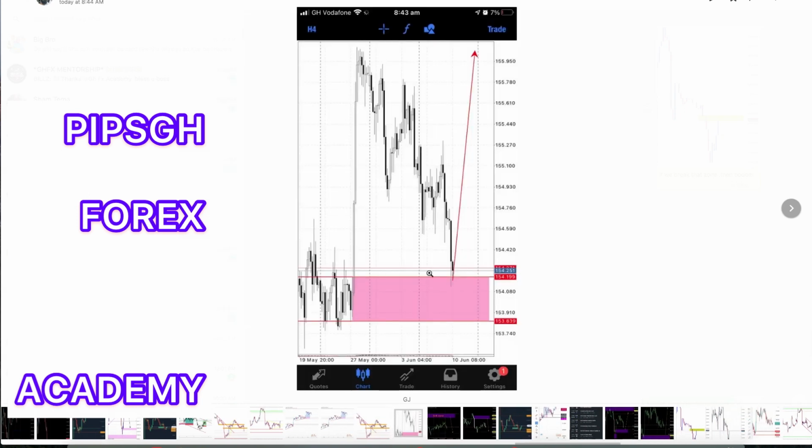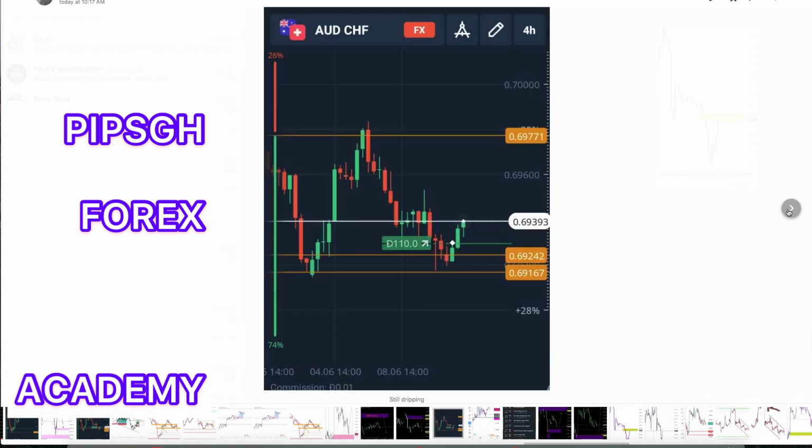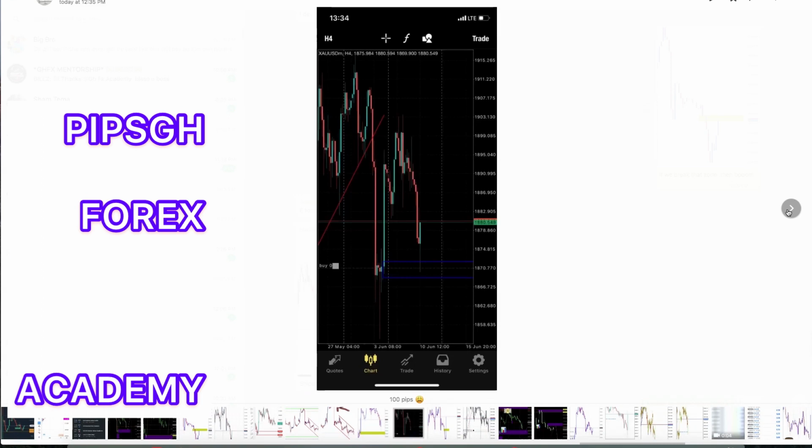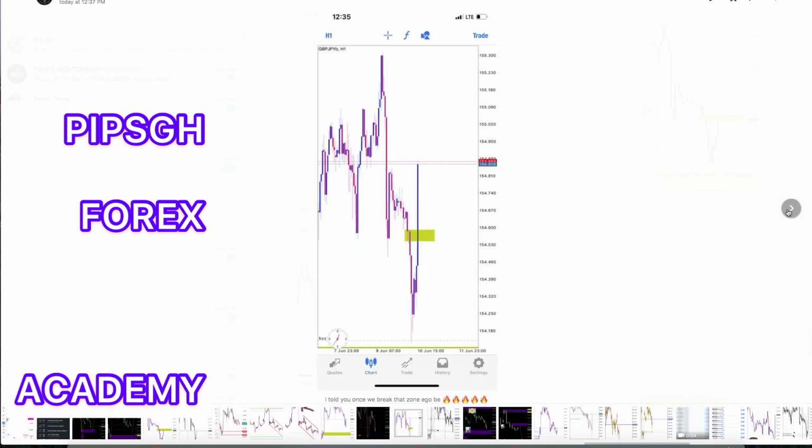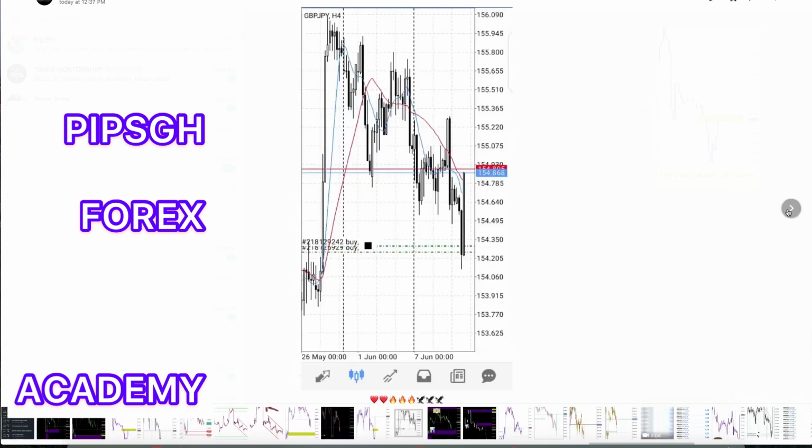Okay, so this was the analysis on GJ. Someone shared it on the page. About 3 or 4 people shared this same analysis on the page. And almost everyone literally made money from that setup.